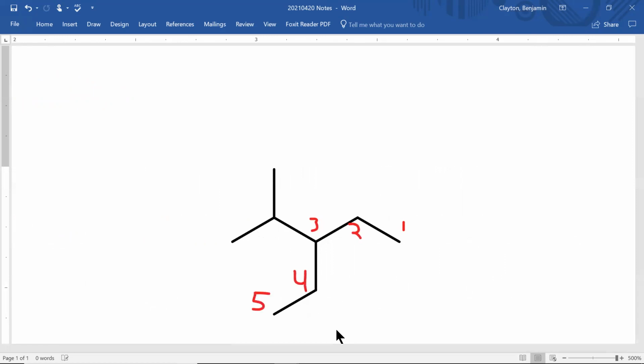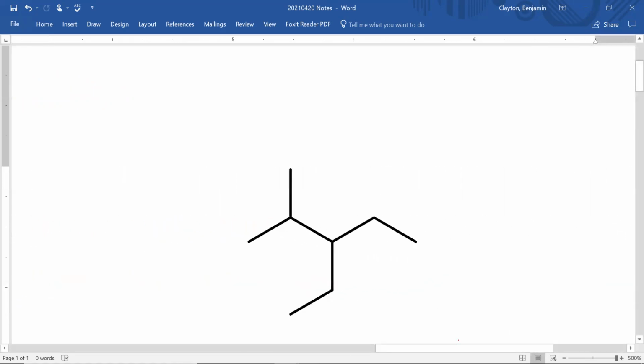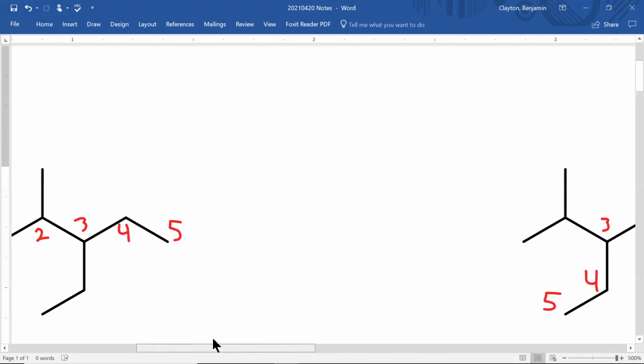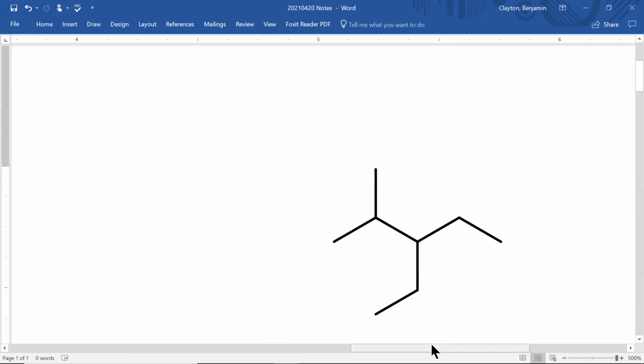Here we have a 5-carbon chain as well. It could be a possibility. Let's analyze it. One more possibility here. I started all the way over here from the left to the right. Let me go now from the right to the left. Again, 5 carbons.